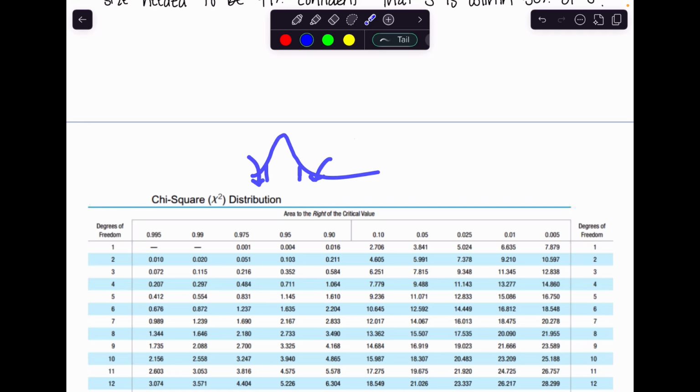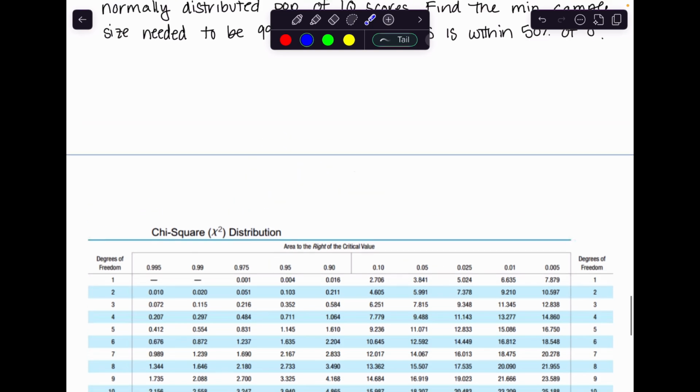So in this case, to find this critical value over here, you need 5% of data to the right, so you'd be looking in this column. To figure out your critical value on the left-hand side, instead, you need 95% of data to be to the right of this line, so you would look here, okay?